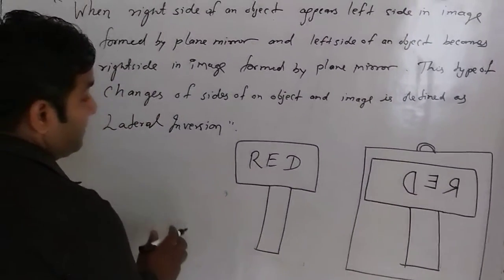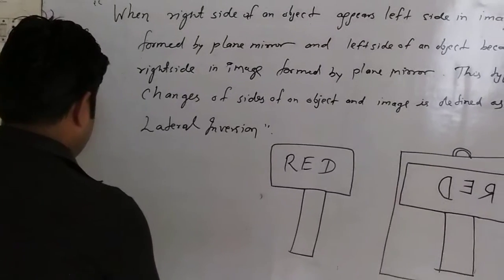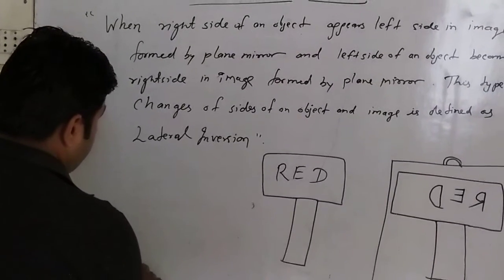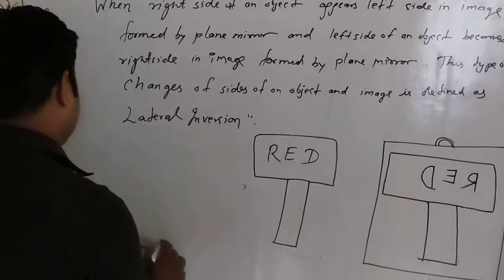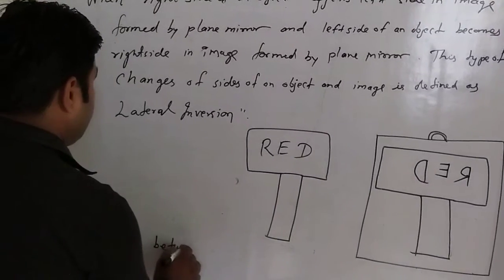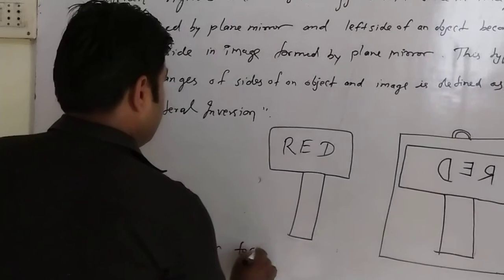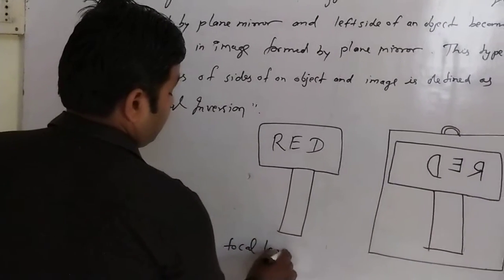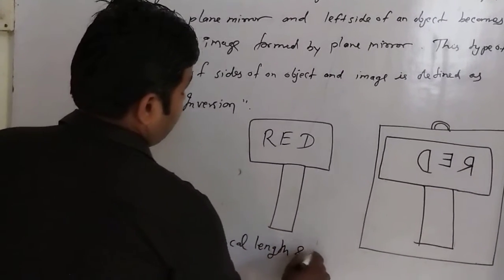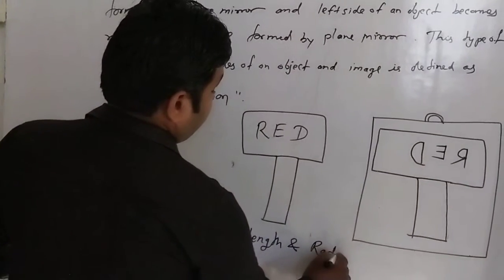And the next one is what? Relation between focal length and radius of curvature.